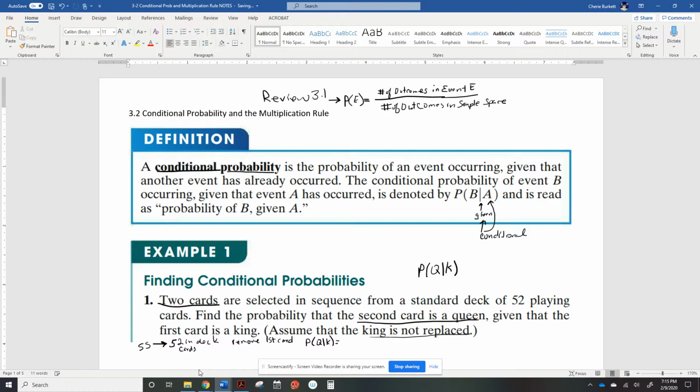Now, knowing that the first one was a king did two things. It changed my sample space. I only had 51 cards left in my deck. And because the first one was a king, I know that I still have 4 queens. So the probability of drawing a queen, we know that there's 4 queens.